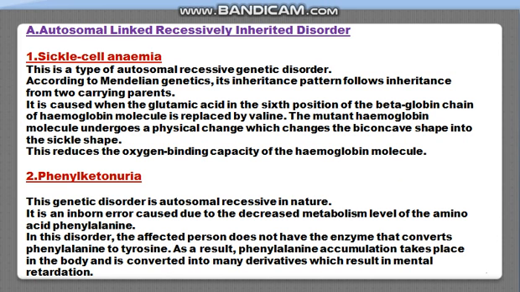As a result of the absence of this enzyme, phenylalanine accumulates in the body and many other derivatives are formed from it, and this results in mental retardation of the human being, and this type of disorder is known as phenylketonuria. So this is a second example of the autosomal recessively inherited disorder.